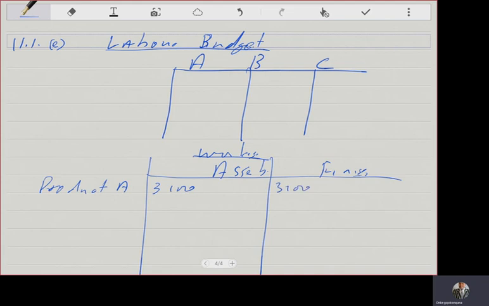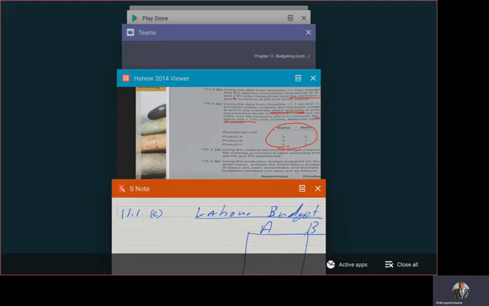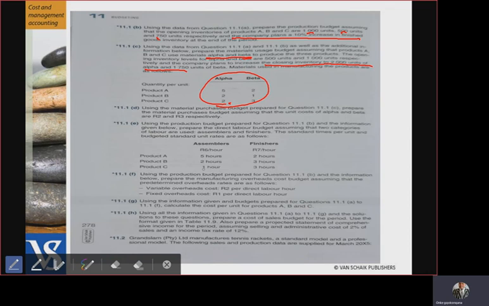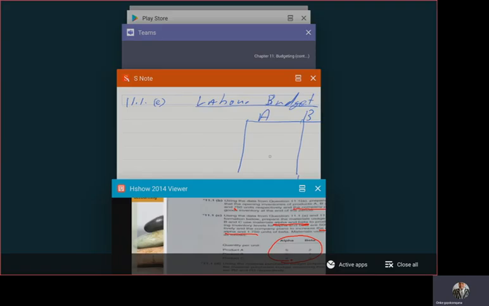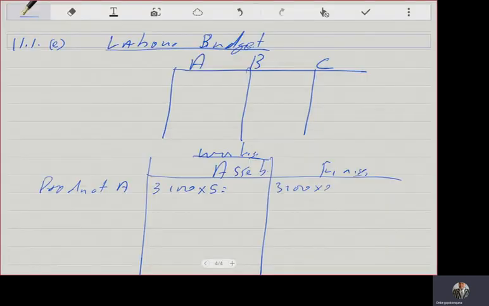But here we'll multiply by 5 hours. But this side, because the finisher side for product A, if you can go back to the question and look, guys, the number of hours that you have there, these are the hours that are given for product A: under assemblers is 5 hours, but finishers you've got 2 hours. Hence we have to multiply by 2 hours this side.